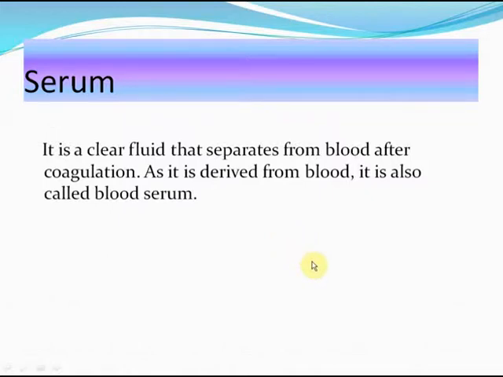Blood serum is a component of blood which is collected after coagulation. Anticoagulated blood yields plasma containing fibrinogen and clotting factors, and coagulated blood yields serum without fibrinogen.